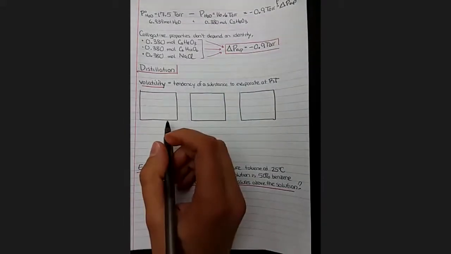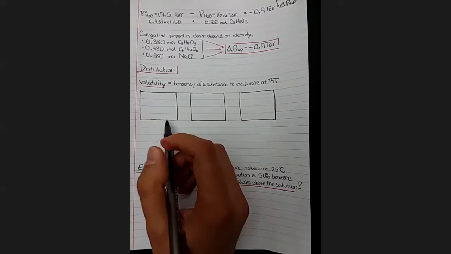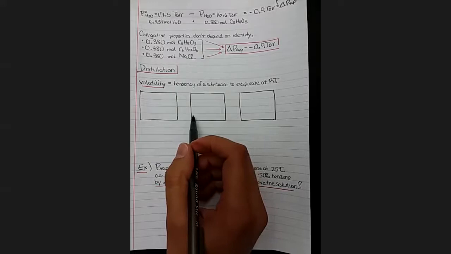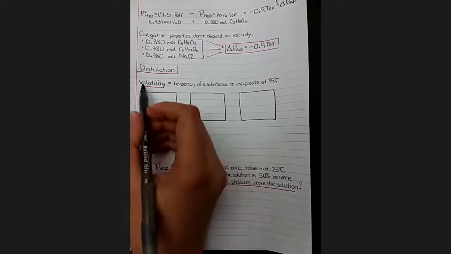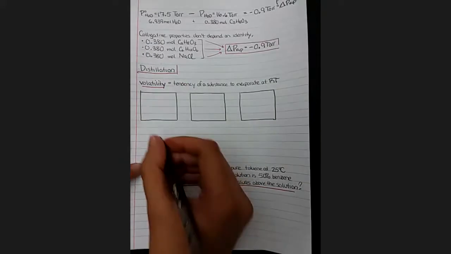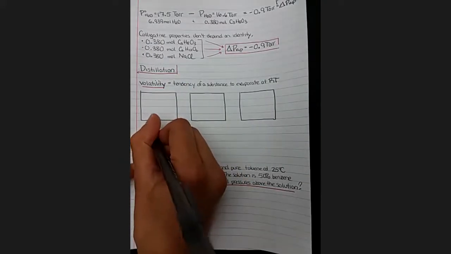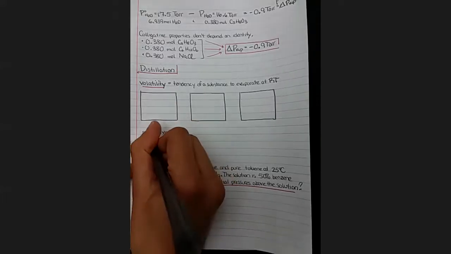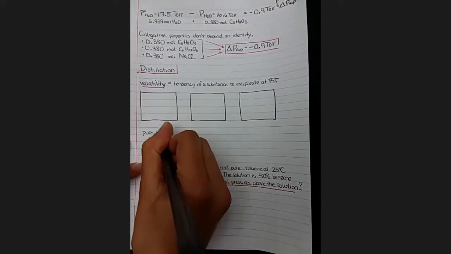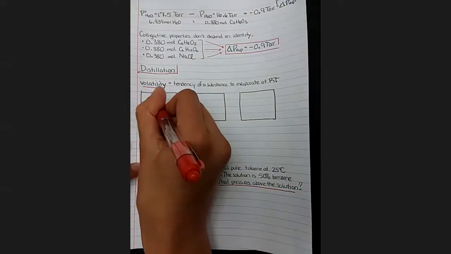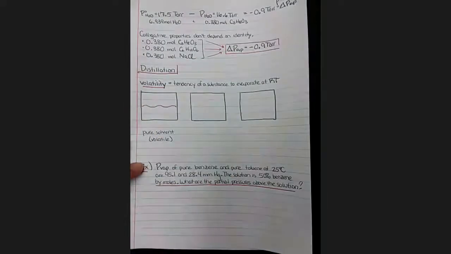Okay, so let's talk about solutions and the vapor pressure, starting with the picture we did at the beginning, and then indicating how it would look different with a volatile or a non-volatile solute. So let's start with pure solvent. The solvent is always a liquid, and it is always a volatile liquid. So we are going to have a liquid.